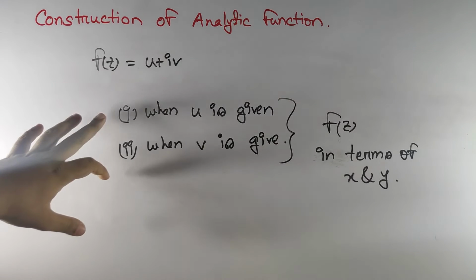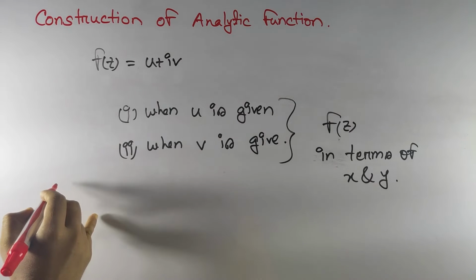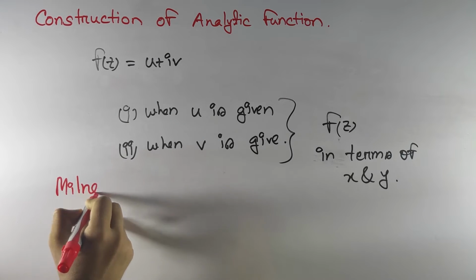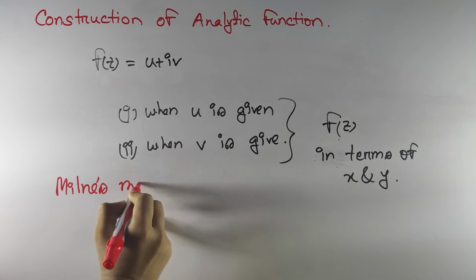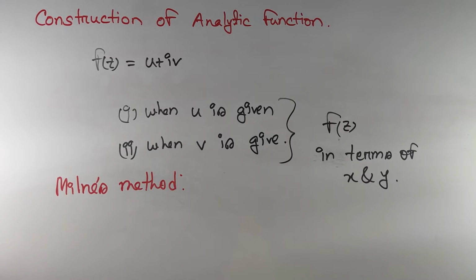Besides these two methods, we have another method to construct an analytic function, and it's Milne's method. And this Milne's method also has two conditions.